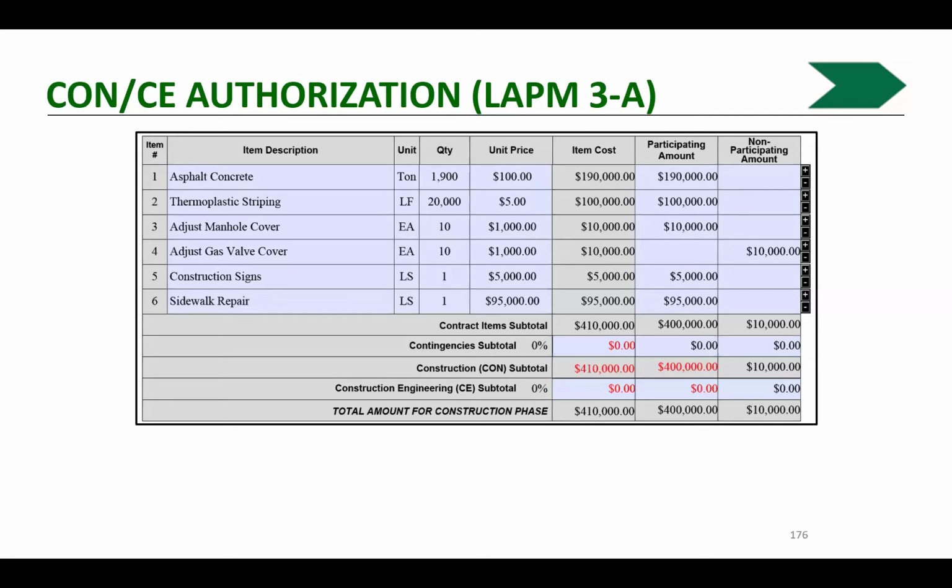We had a question early on that I thought would be better here. Somebody talked about timing of authorizing their construction phase and then having 6 months until they could invoice.